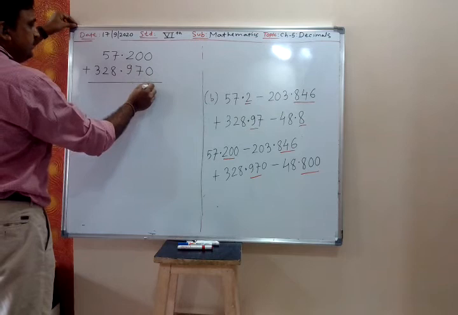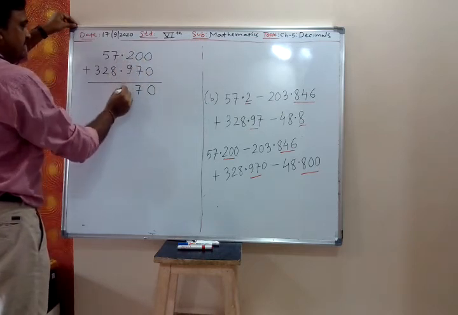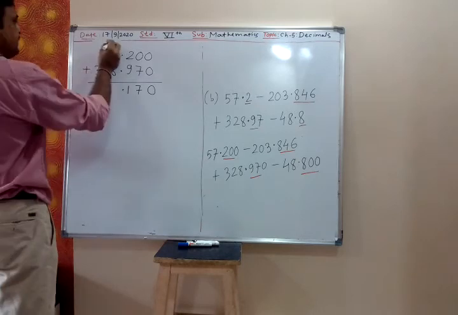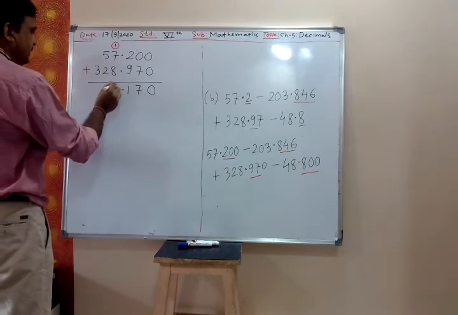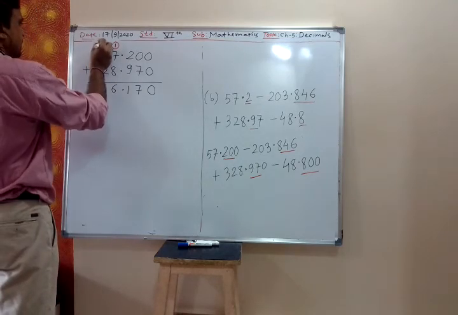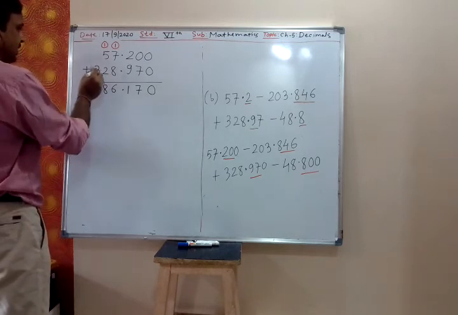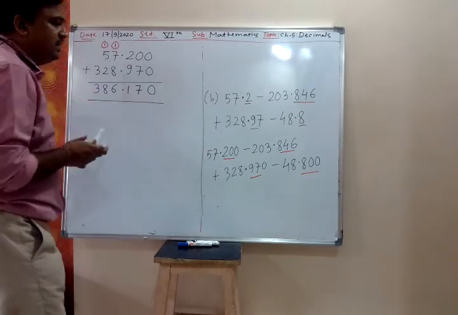0 plus 0 is 0. 0 plus 7 is 7. 2 plus 9 is 11, 1 is carried. 1 plus 7 is 8, 8 plus 8 is 16, again 1 is carried. 5 plus 1 is 6, 6 plus 2 is 8, then 3 plus 0 is 3. So 386.170.